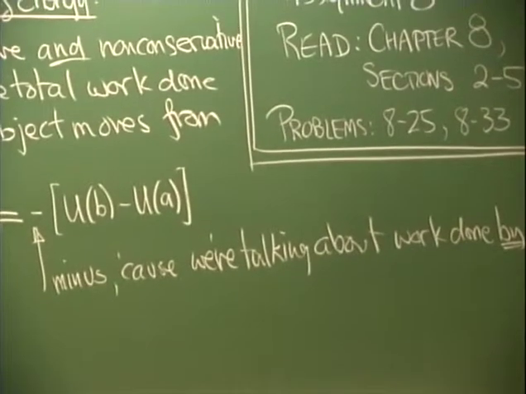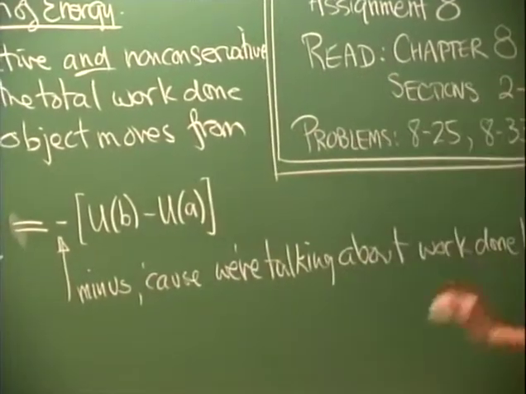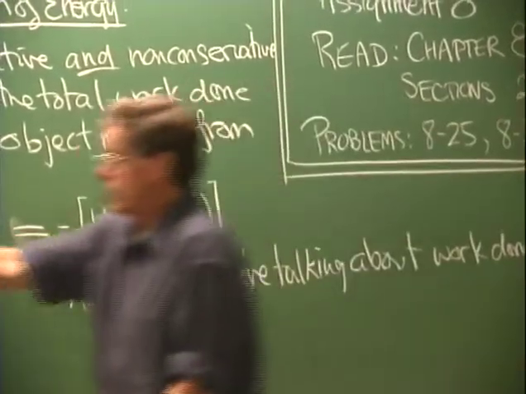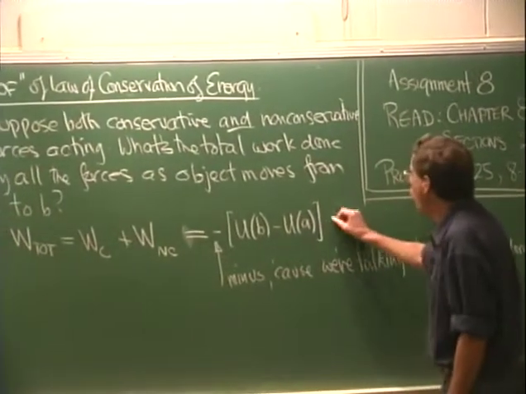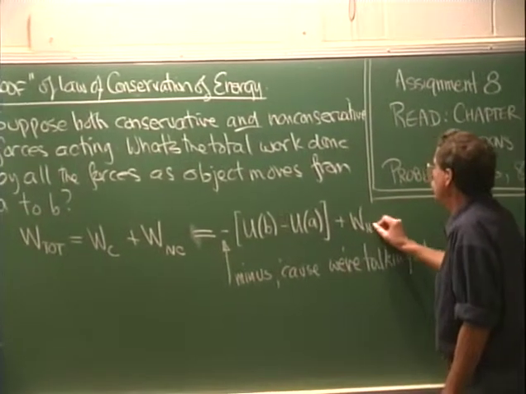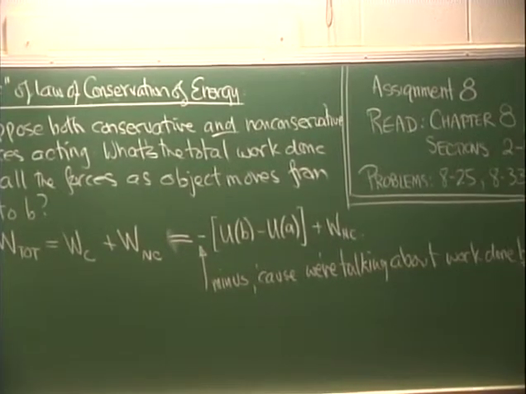The work done by F, not the work done by me. So that's the work done by the conservative forces. It's just given by this formula here, only with a minus sign because I switched the perspective, plus W sub NC, the work done by the non-conservative forces, and there's not much I can say about that.